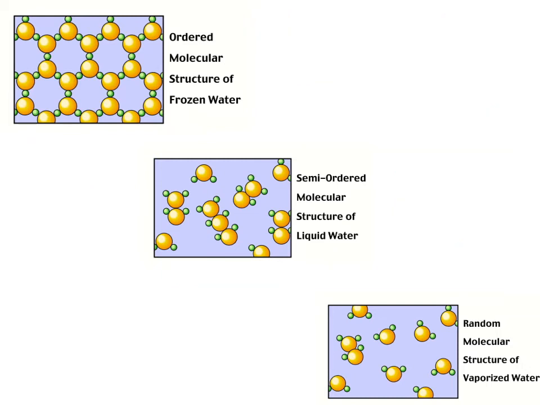So when we talked about cohesion, we talked about temperature moderation. Now we are talking about floating of ice. What is the importance and significance of this? Let's see.